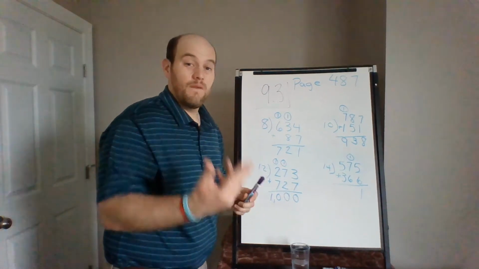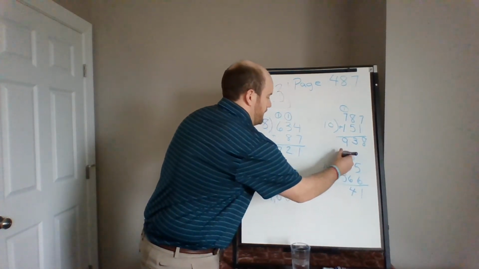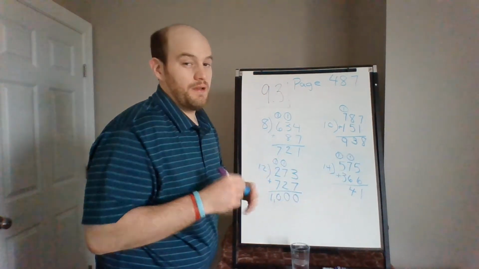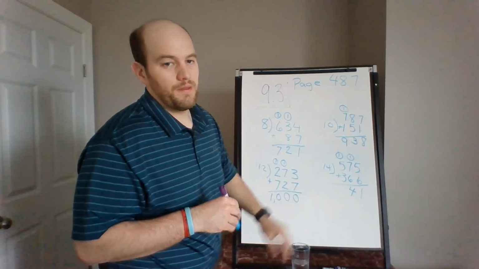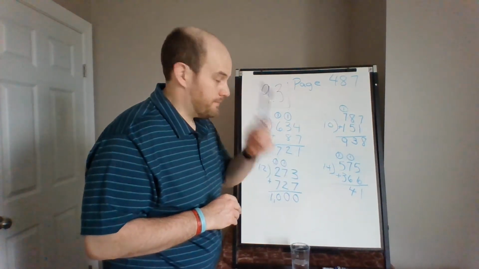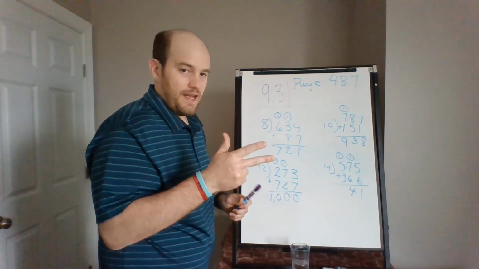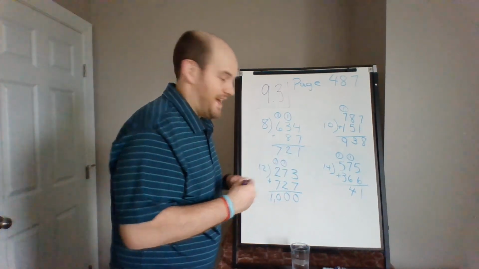Plus that 1 is 14. Carry my 1. So it's very important that you remember to carry, or that you add in those extras up top. That's why I circle them so I don't forget them. 5 plus 3, 5, 6, 7, 8, plus the 1, 9.